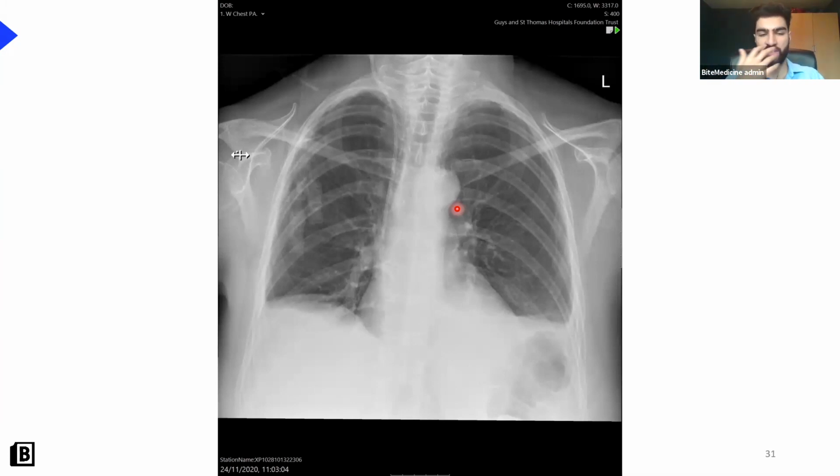Yeah, that's right, Mohammed. The previous film was rotated as well. Abnormal, very good. I'm glad you all got this. So the airway is fine. Remember, before we look at the airway, we look at lines. There's a line, firstly, going into the right atrium. We'll go over the anatomy of lines later. The airway looks fine.